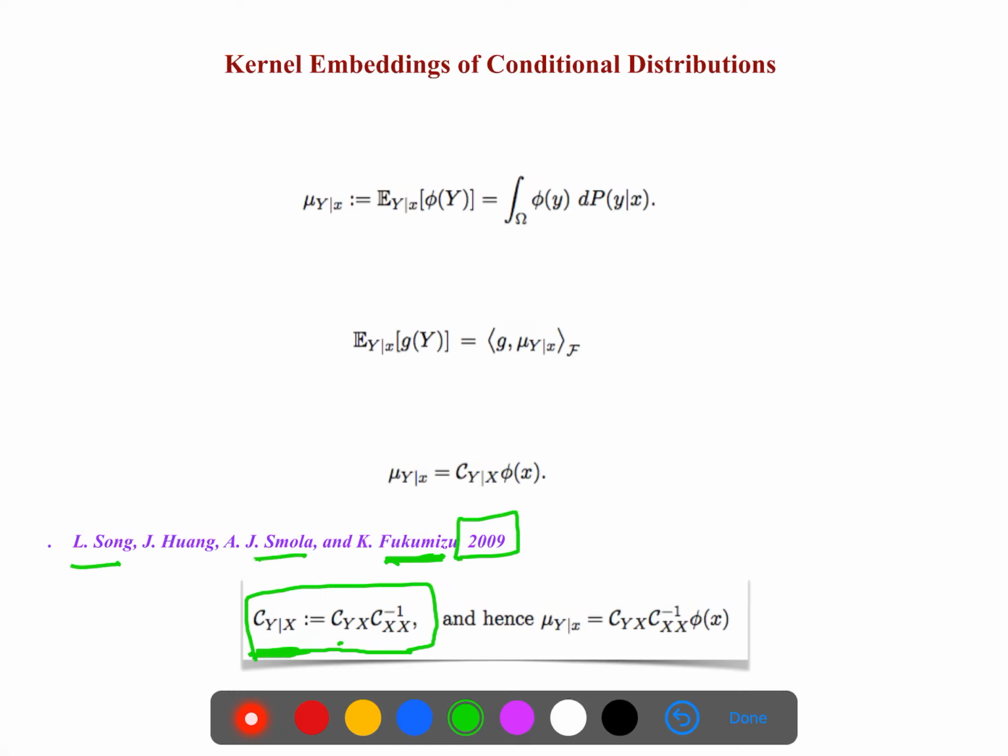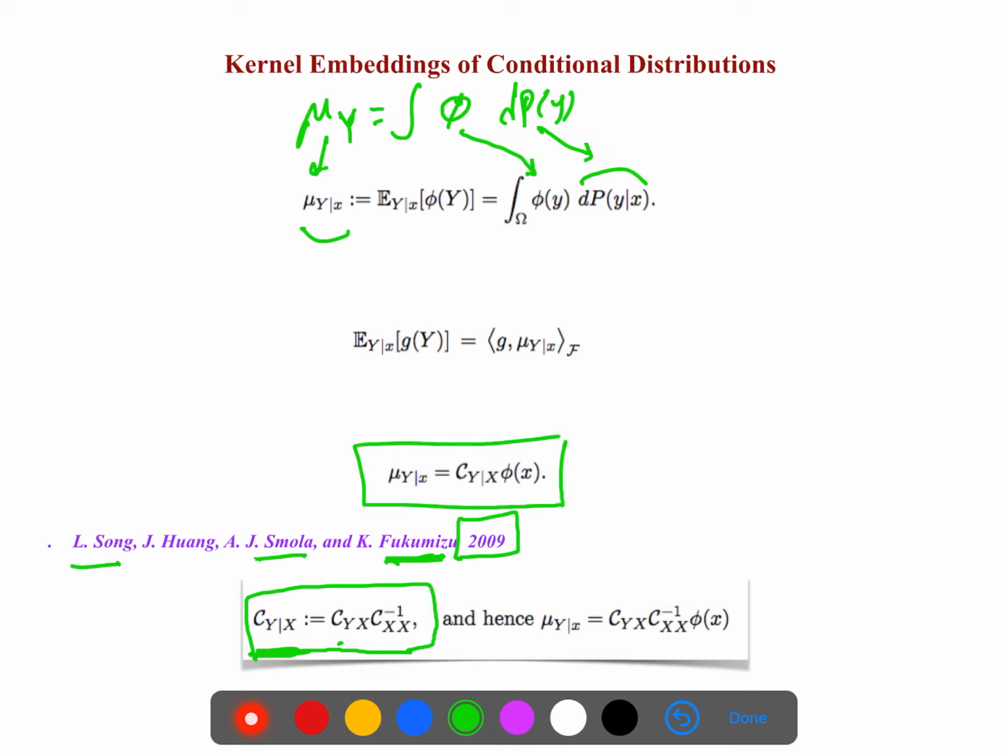So I said that mu of y is equal to the integral of phi dP_y. But if we condition on that, nothing happens, just the conditional things. Again, we have their implicit map, and we can just use this, substitute this here, and have a conditional mean embedding as well.